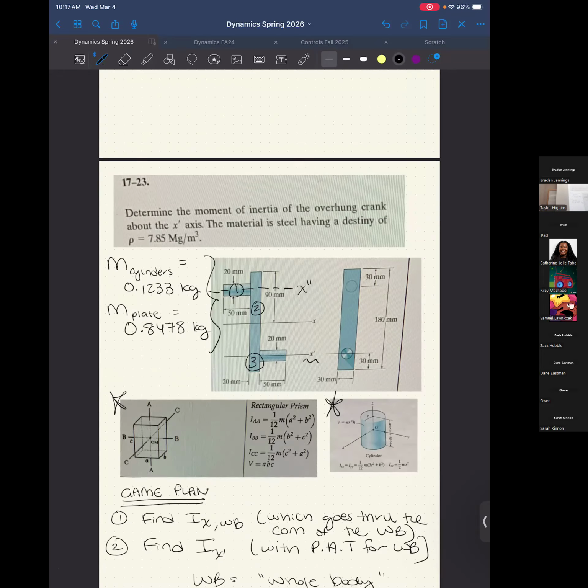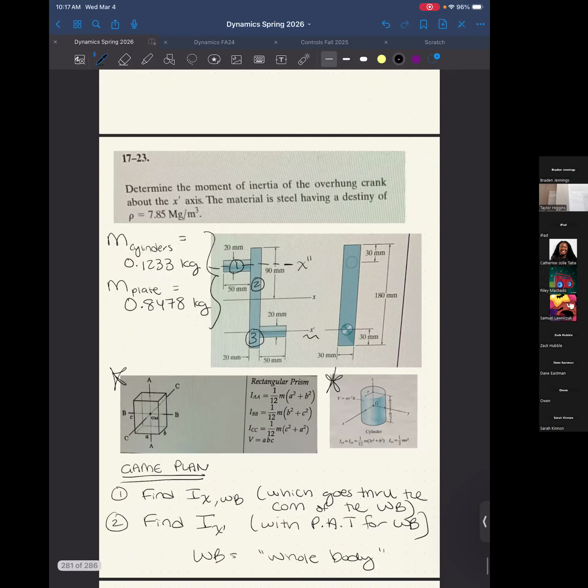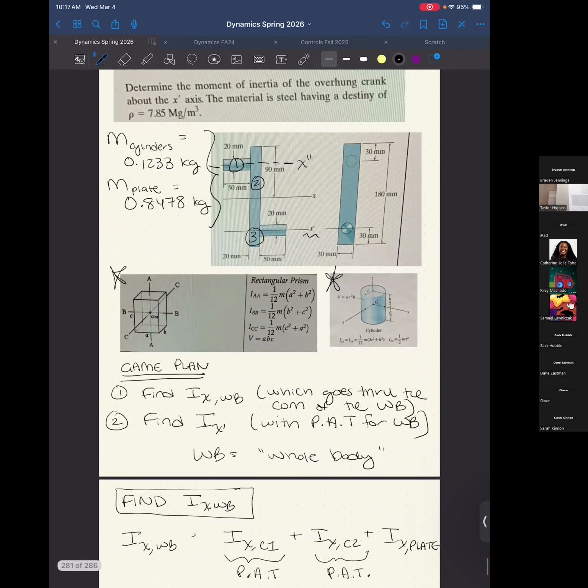So with the rectangular prism, what you want to notice is that for each of these equations, the 2 lengths that are on the right-hand side are the lengths that form the face that the axis pierces. So for instance, with the B axis, I pierce this face here, which is made up of B and C. So if I look at the B axis equation, the variables on the right are B and C. Okay.